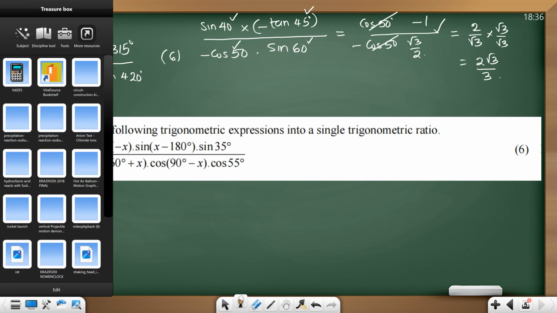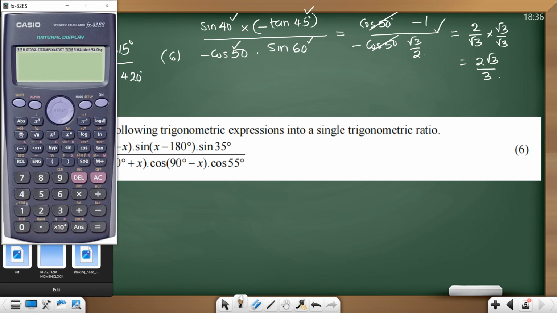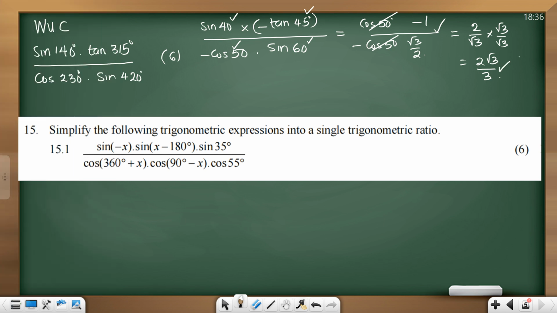No, you cannot leave your answer like that. 1 divided by what? Root 3 over 2. That one you can put in a calculator. No one is going to penalize you for that. 2 root 3 over 3. And I'm doing that because it's a conjugate of what? Rationalization of sorts. And you get your answer. Check. 6 marks. Boom.